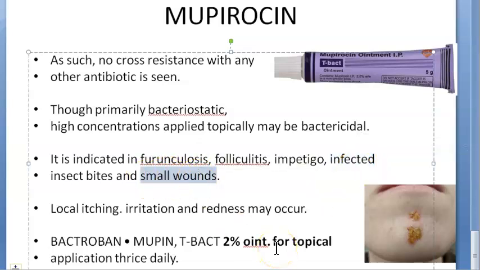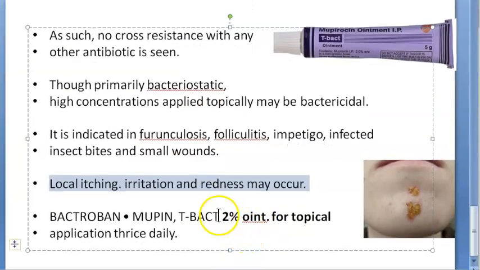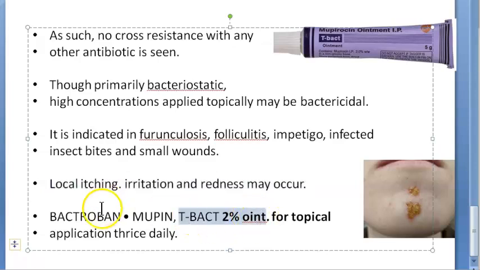I have seen it used even for burns, to prevent any bacterial infection, they apply T-BACT, but that's not written in the textbook. So what are the side effects? Local itching, irritation, redness may occur.